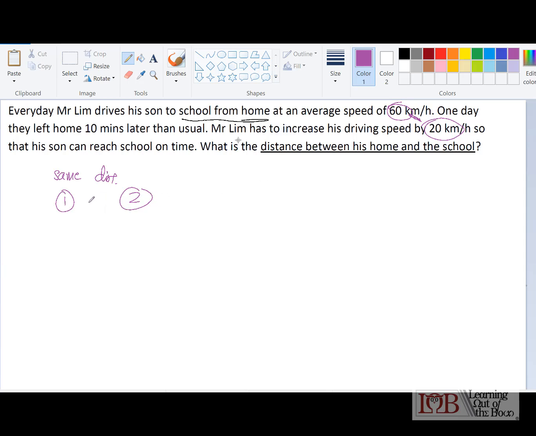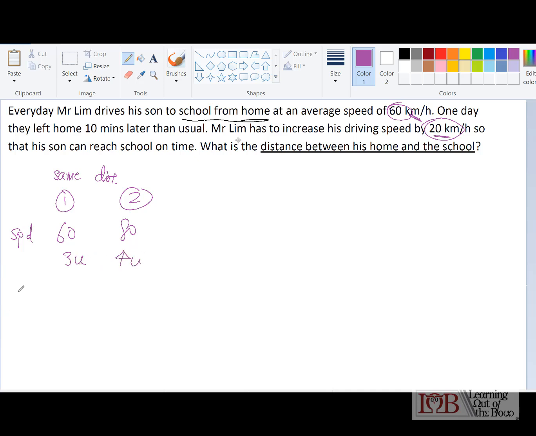So scenario 1, your speed is actually 60, and then because in scenario 2 it's 20 km per hour faster, so it's 80. And again, always work with small numbers, so you have 3:4, and so you have 3U/4U.